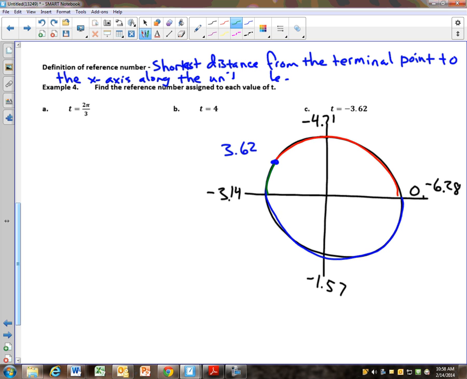And so, don't worry about the negative. I've traveled 3.62 to get here, and it's 3.14 to get to the x-axis. So all I want to figure out is how much further past that x-axis did I travel. Subtract the values, 0.48. So, good? All right.